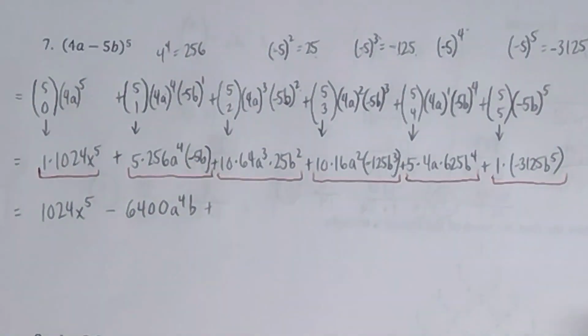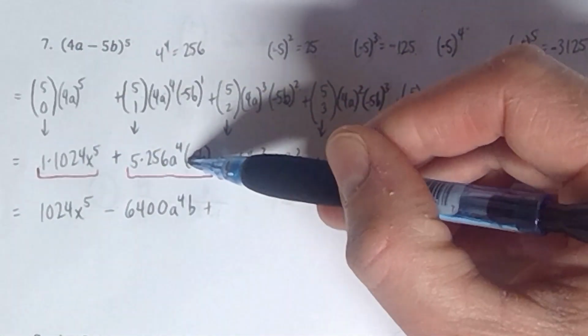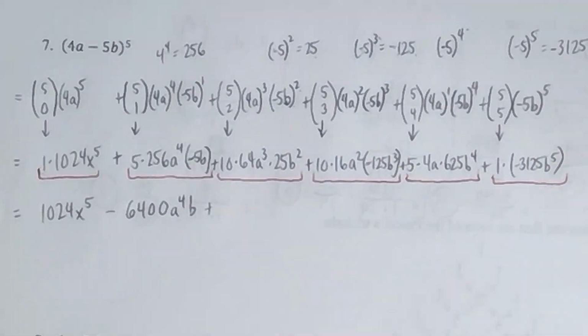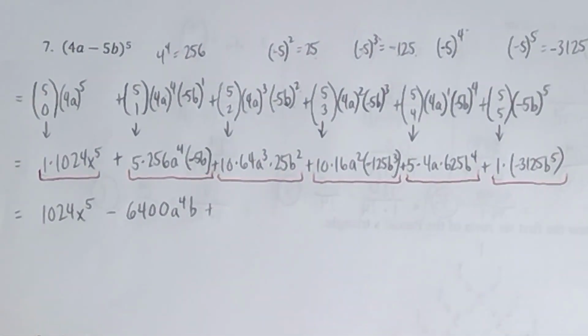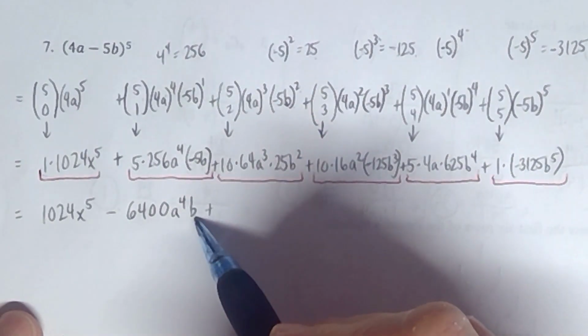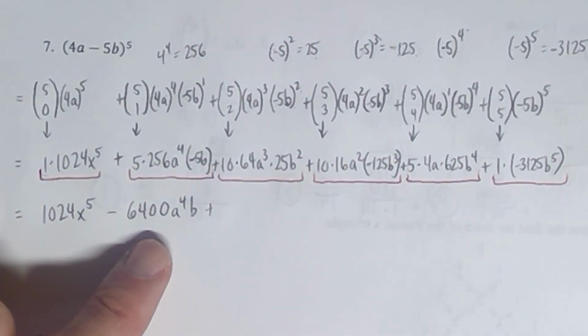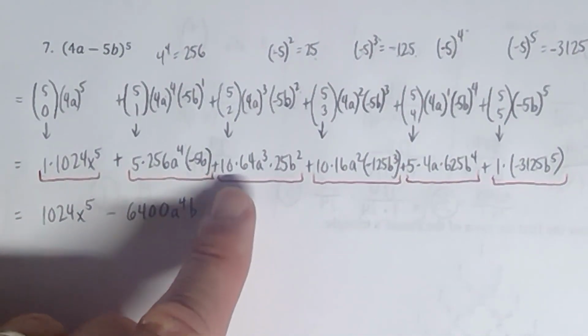We've seen that a number of times when we've dealt with polynomials in the past. Okay, plus negative 6,400 is just the same thing as saying minus 6,400. Okay, you could say plus negative 6,400 a to the fourth b if you wanted to, but this is the more traditional way of doing it. All right, anyway, next one.